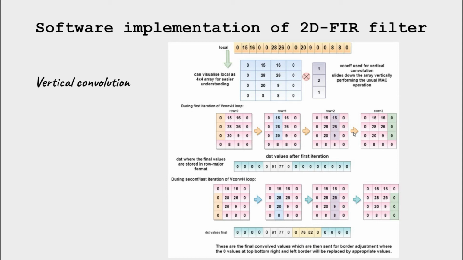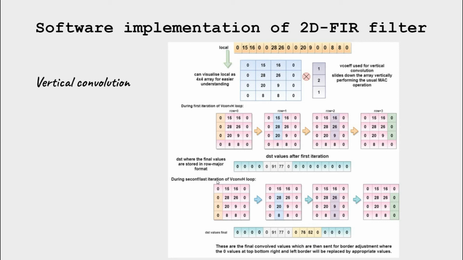Basically, here we are first performing this vertical convolution and storing the pixels row wise, because our main aim is to store the pixels in a row major form, and that is why after the first iteration 0, 91, 77 and 0 are the values which will be stored in my DST variable, which is another 1D array in which we are going to store our final convolved values.